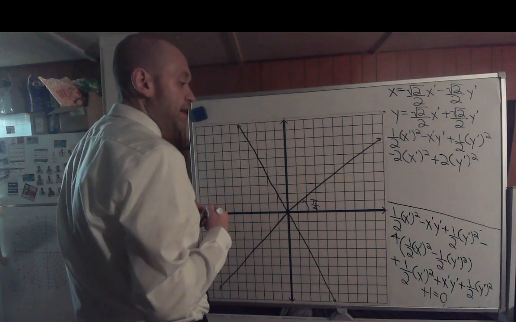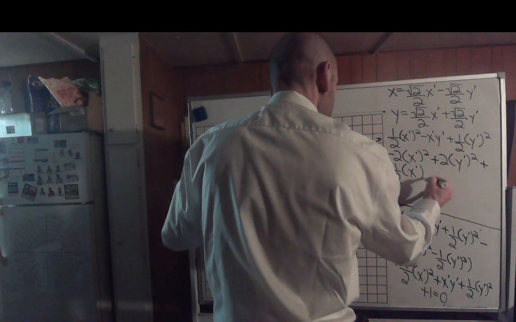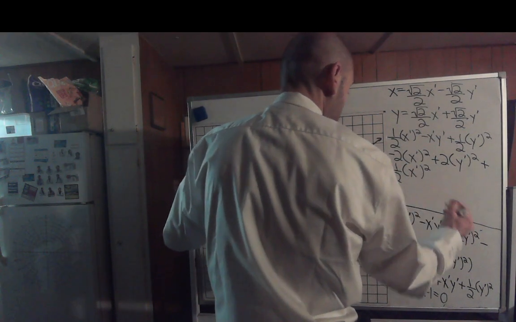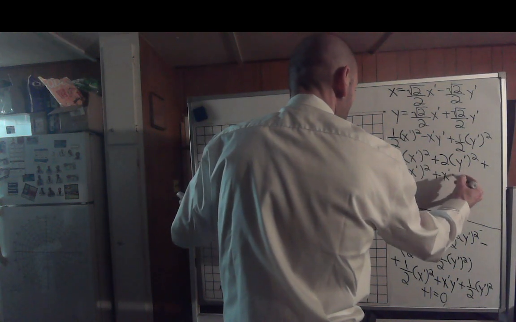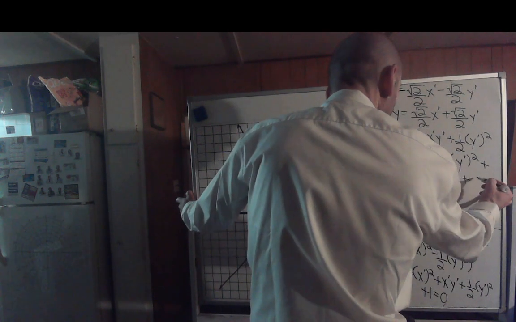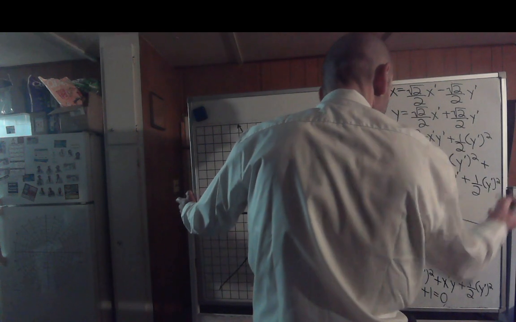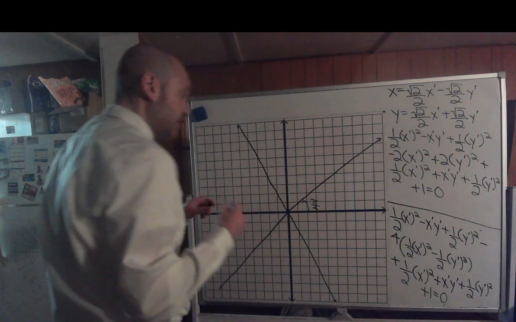And then we have plus 1/2 x prime squared plus x prime y prime plus 1/2 y prime squared plus 1 equals 0.